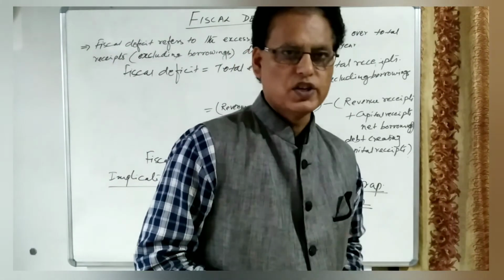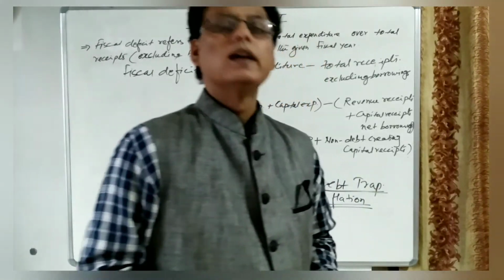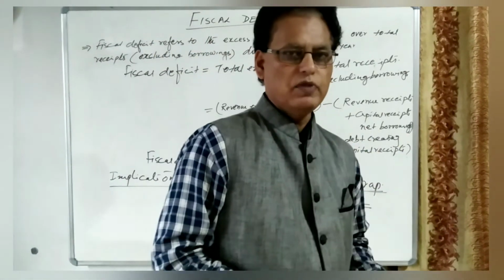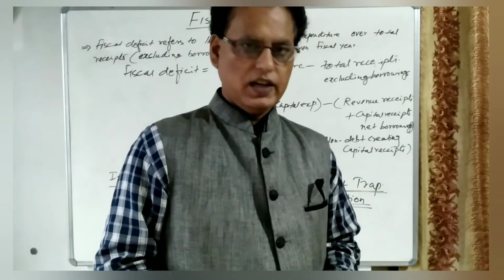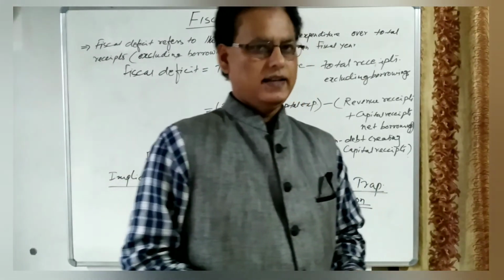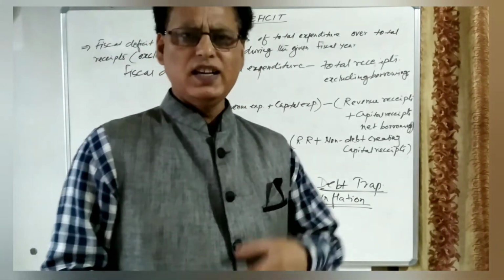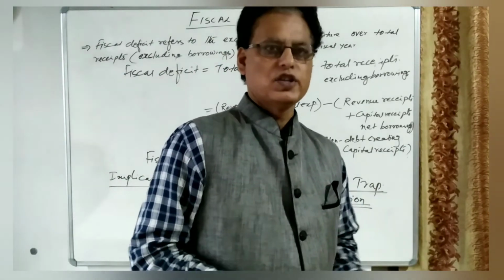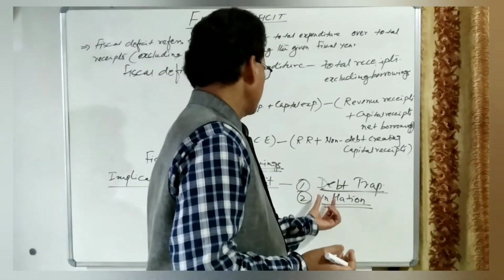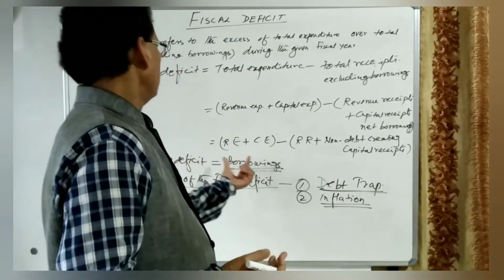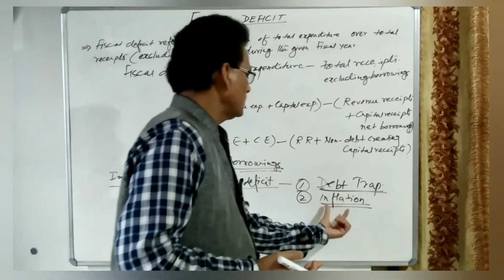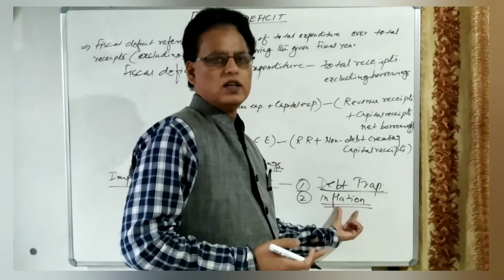When money supply increases, aggregate demand will increase. When aggregate demand increases, excess demand will arise, and that may cause an inflationary situation in the country. So the fiscal deficit and more borrowings may cause inflation in our country.